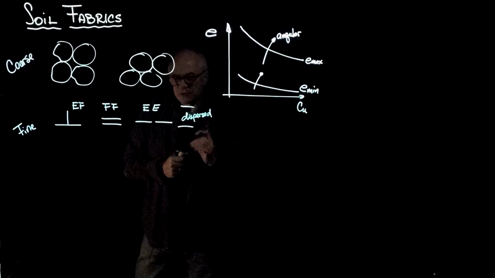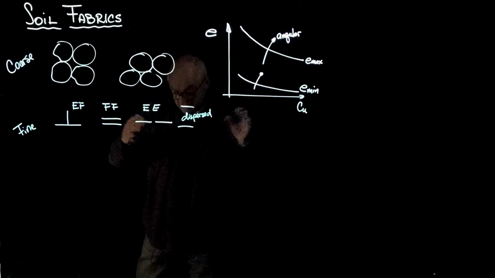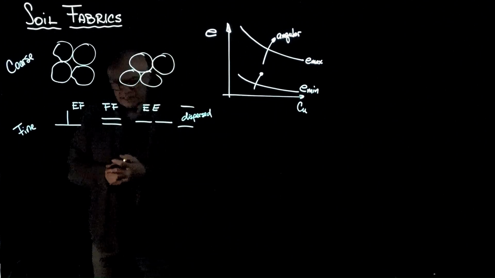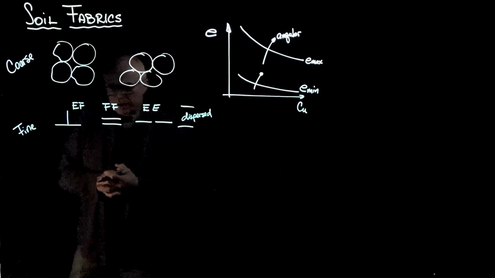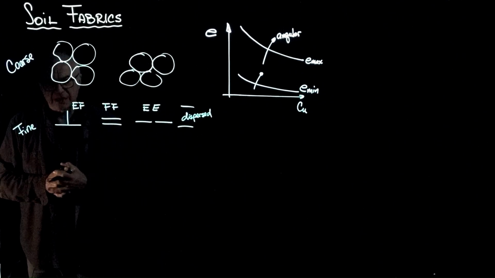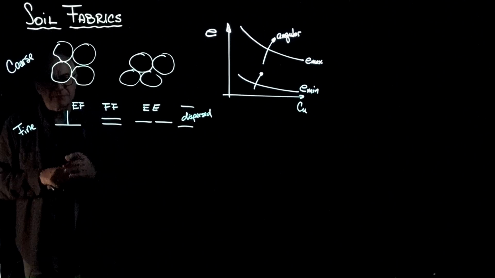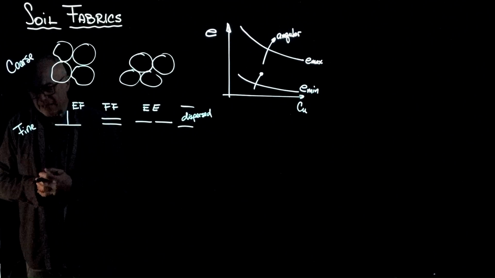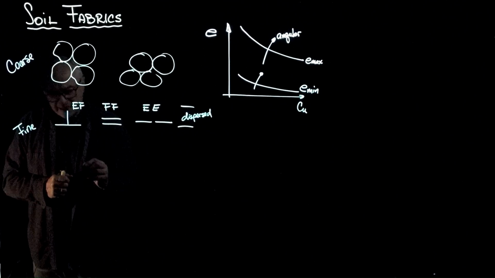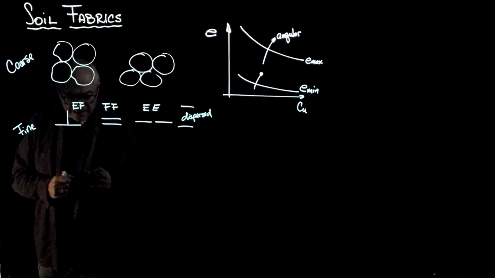There is one more situation; there are many more situations. Let's consider another one that can be quite important in the behavior of sandy materials. And that is the case when there are mica plates mixed in with the sand. These are micaceous sands. And in this case, it will look something as follows.